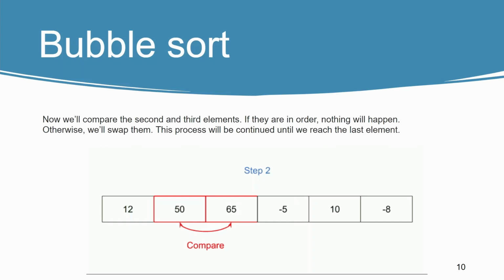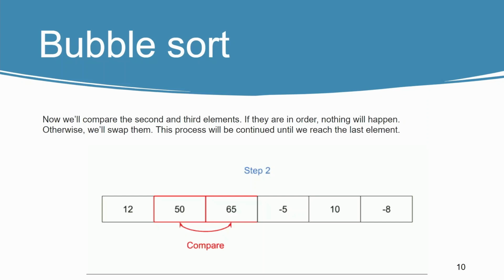Now in step 2, we will compare the second and the third element. If they are in order, then nothing will happen. As you can see here, 50 and 65 are in order, so the order of the array would not change. Otherwise, we swap them. As 65 is greater than 50, we do not swap them.